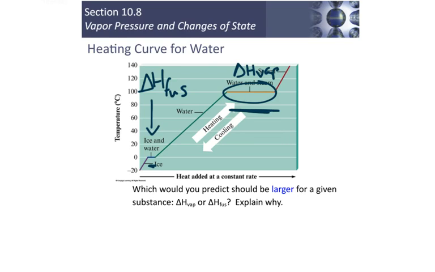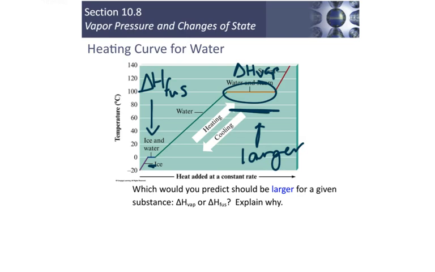So the energy here is larger, and the reason why is, think about it, when you're going from a solid to a liquid, yeah, you're overcoming some of those intermolecular forces, but they're still attracted to each other. They're still close together. They're not as close as they were in the solid form, but they're still pretty close.